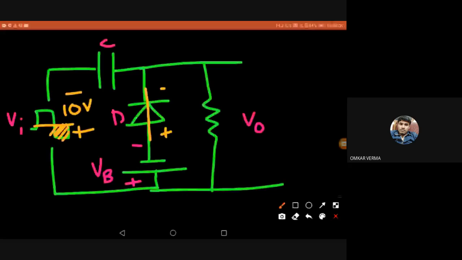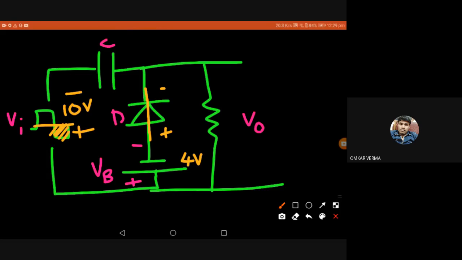Now we can see the battery voltage VB. Say for example, VB is 4 volt, like the previous example. Now we can see both the input and VB are not in the same direction. The input is giving negative voltage to one terminal of the capacitor, and VB is also going to charge a negative potential on the opposite terminal.